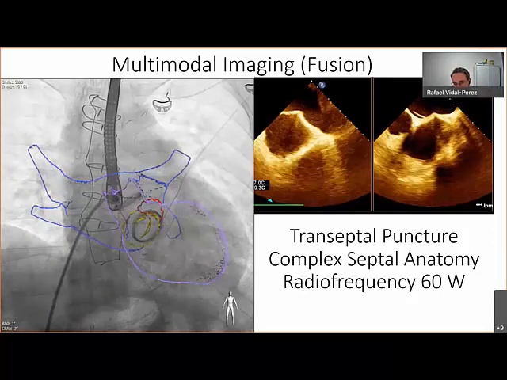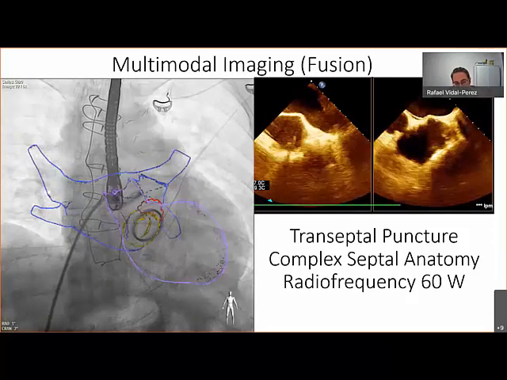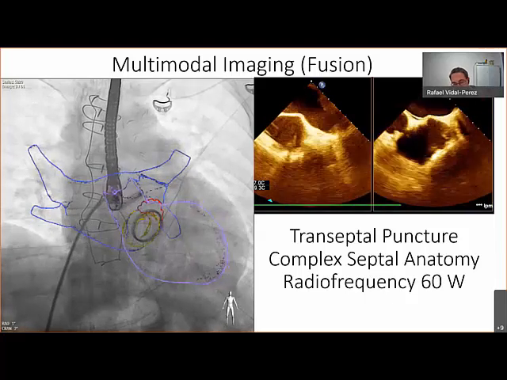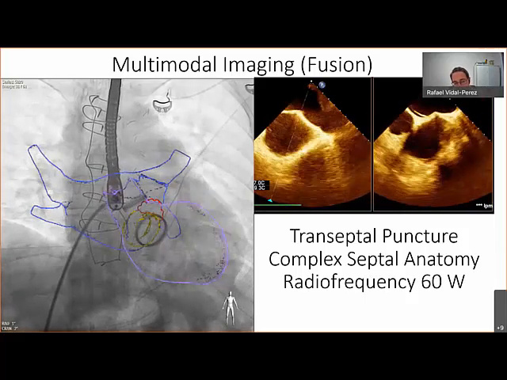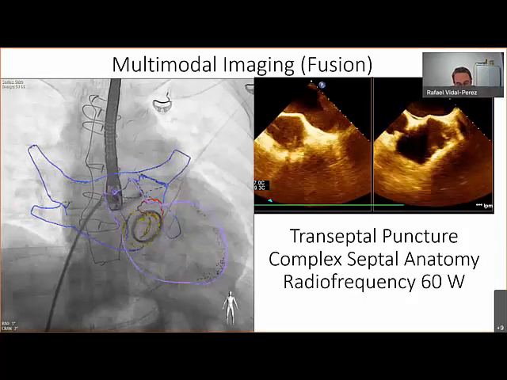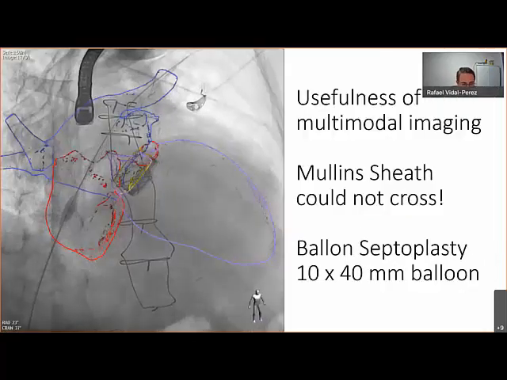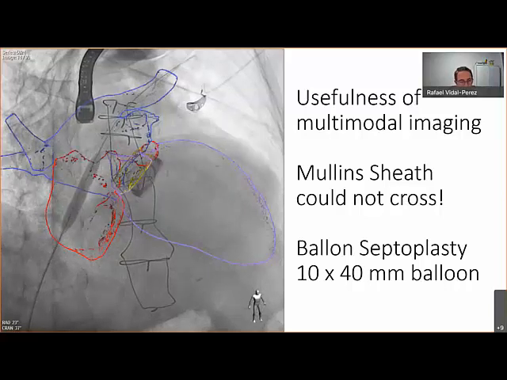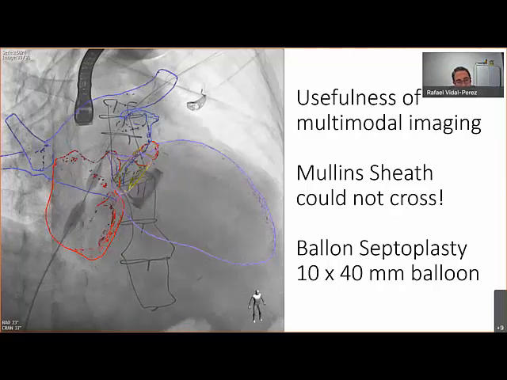It's important always to remember where to puncture and think where we go. Sometimes we can puncture in the same place as in other procedures. It depends where we want to go afterwards with the catheter. Of course, multimodal imaging could show us what is going on, and if we need some other elements to help.